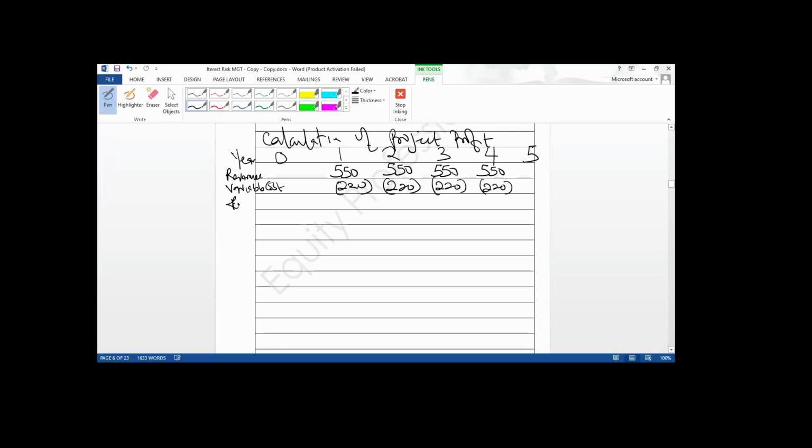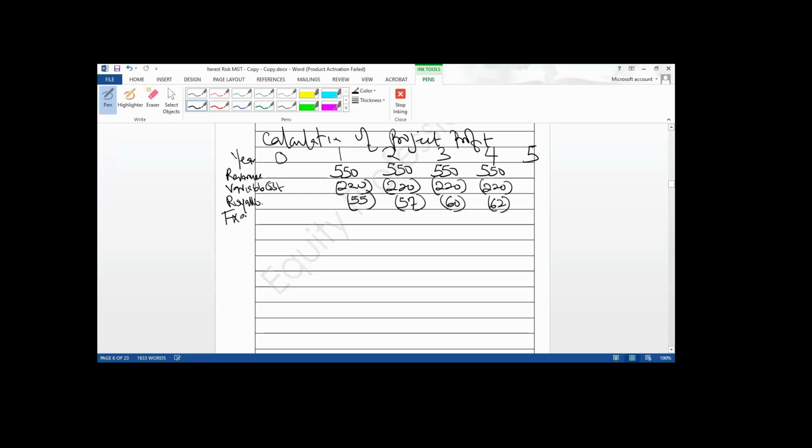Royalty payable: 55 million, 57 million, 60 million, 62 million.